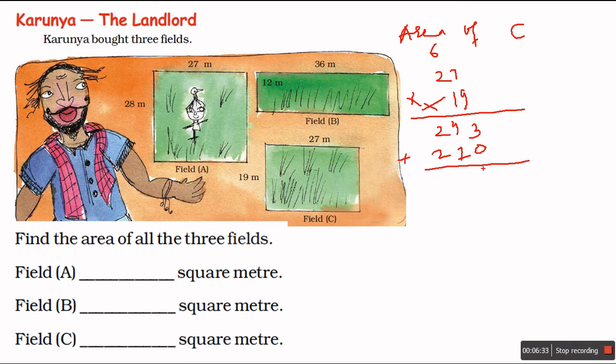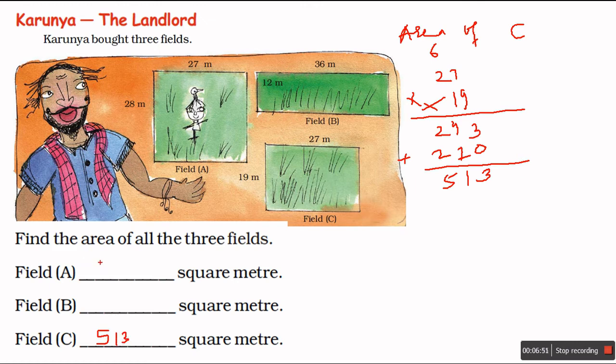Now I will add. 3, 7 and 4, 11, 1 carry over 1, 2, 2, 4 and 1, 5. So 513 square meter.